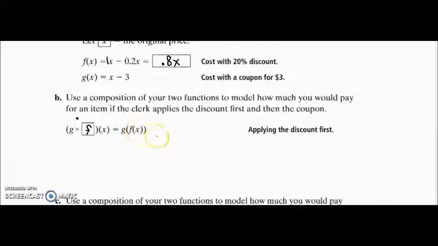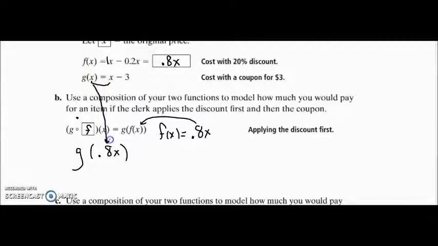So let's figure out first what f of x is. Well, f of x is 0.8x. So this is what's going to go in here. So this now becomes g of 0.8x. So that means that in this g function, anywhere where there's an x, see this x, instead I'm going to put 0.8x.